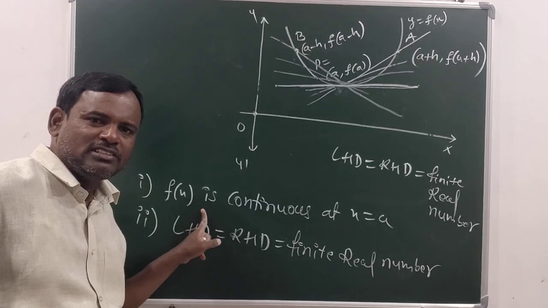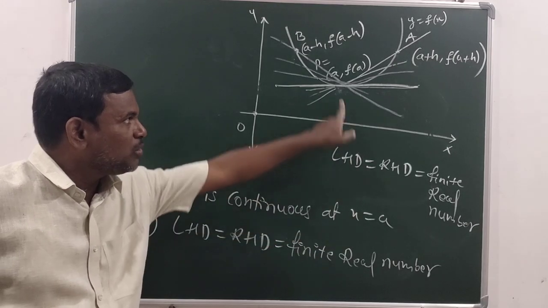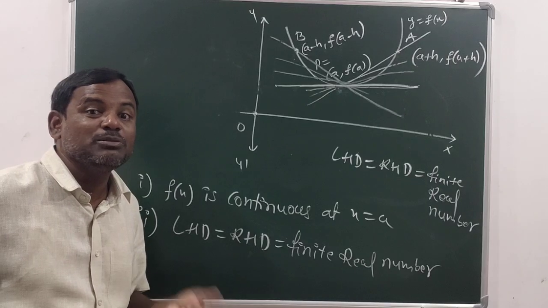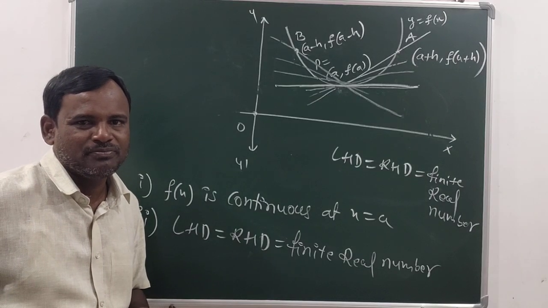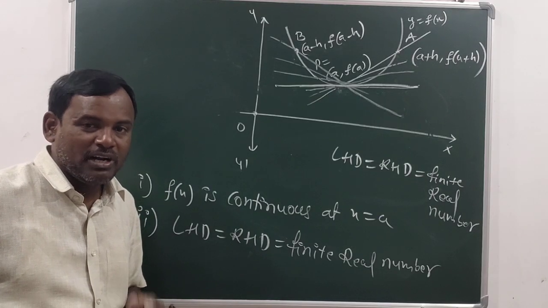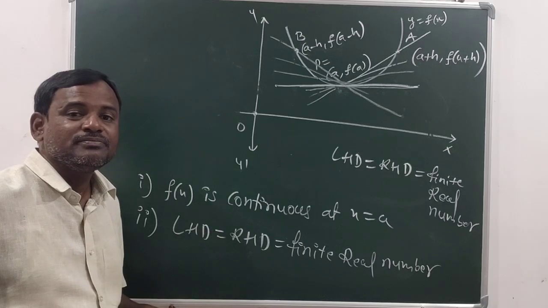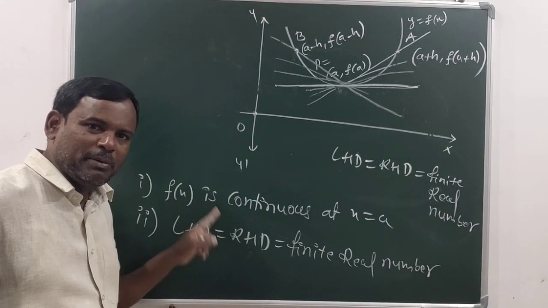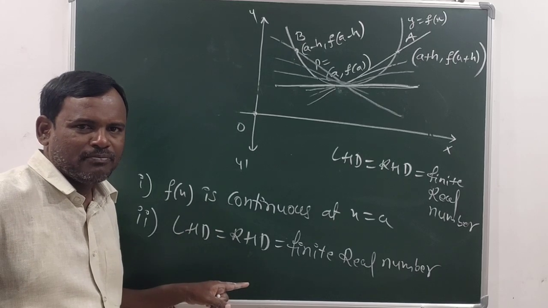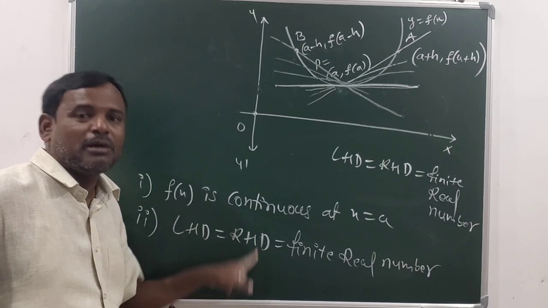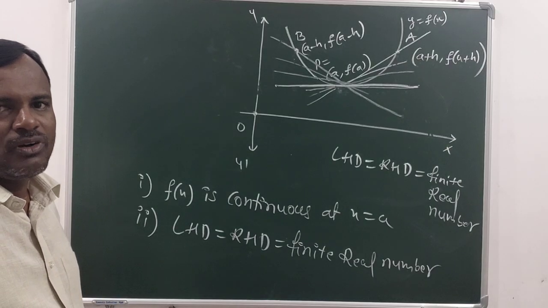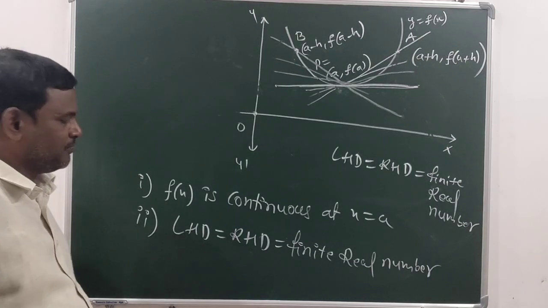If it is continuous at x equal to a, at that point it may be differentiable or may not be differentiable. But if it is derivable, compulsory, that is continuous. Okay, I hope you have got it.